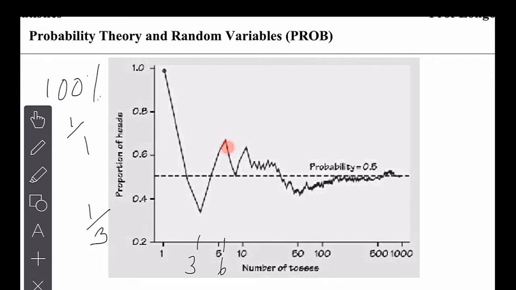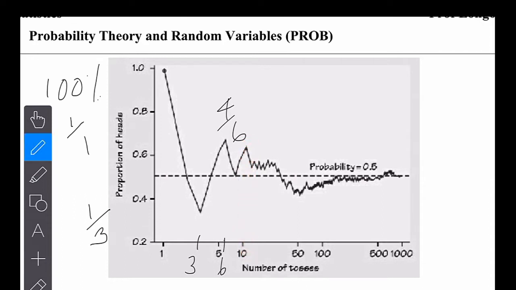So here, if in 6 flips, 4 of them result in a head, 4 out of 6, then that's 66.67 or 66.7. So that's about here, okay? To keep on going, the more you flip, so here's 10, and out of 10, it was like 6 out of 10.